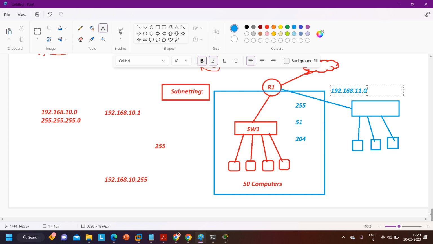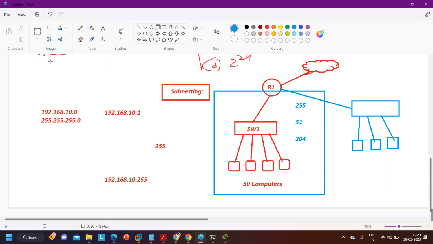This is subnetting. Through subnetting, this organization can divide the main network into two parts.